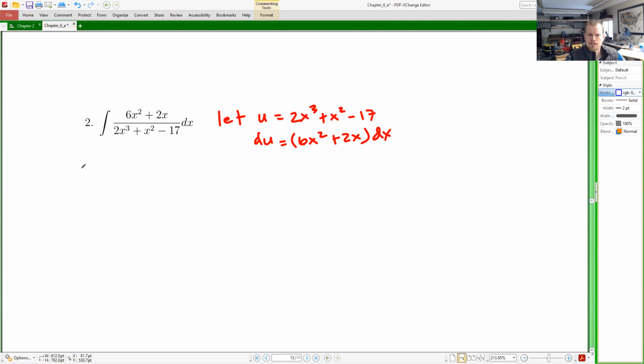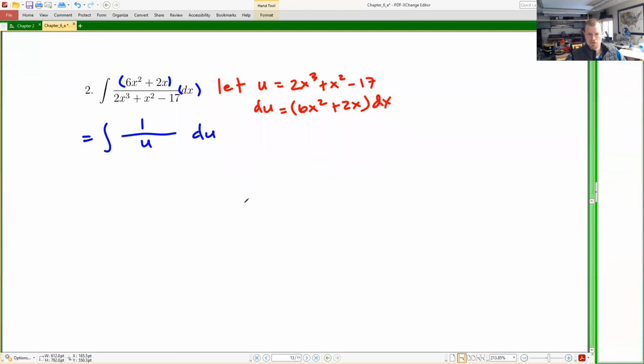So this integral itself is equal to, right, we have 6x squared plus 2x times dx. So this is the integral of 1 du, right? This times dx just gives us du, and the denominator is u. Simple as that. The integral of 1 over u du is the natural log of the absolute value of u, plus c.